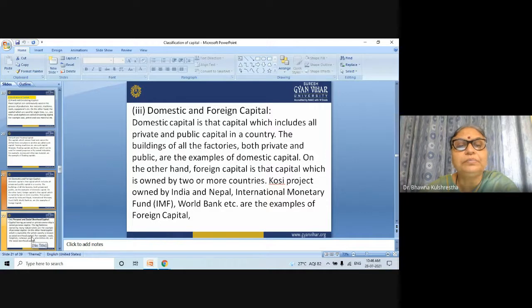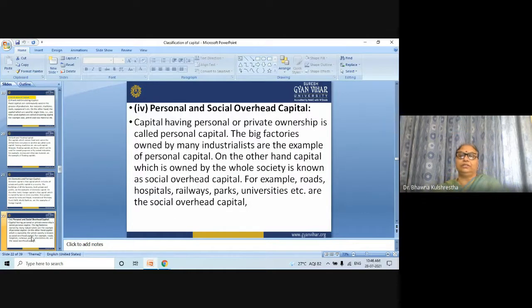The next is personal and social overhead capital. Capital having personal or private ownership is called personal capital. The big factories owned by many industrialists are examples of personal capital.